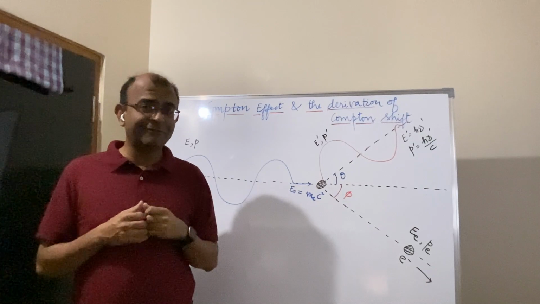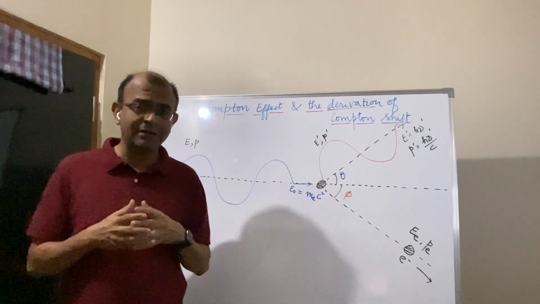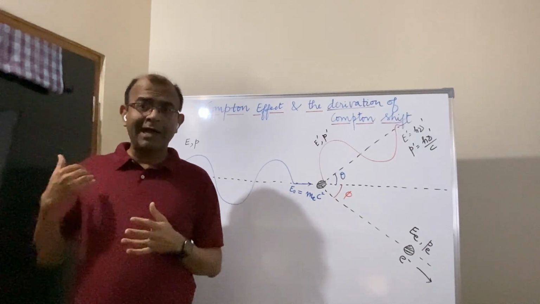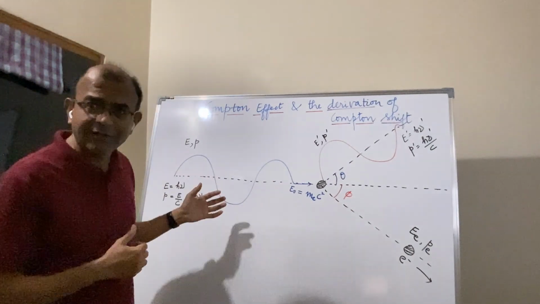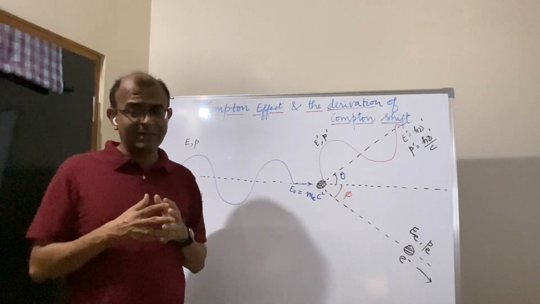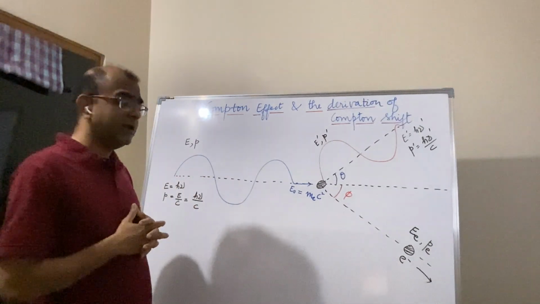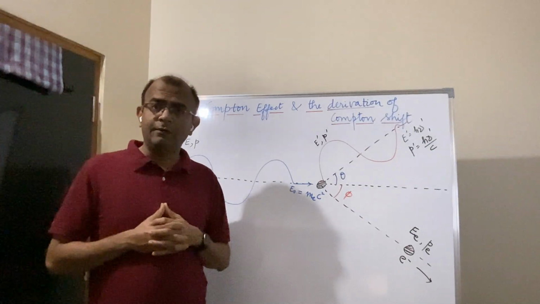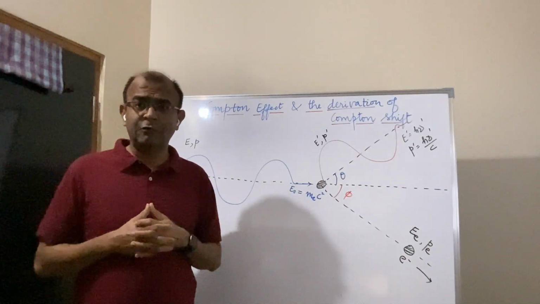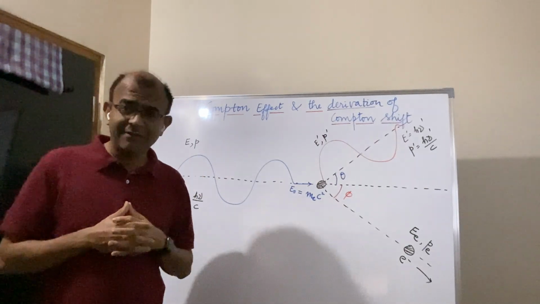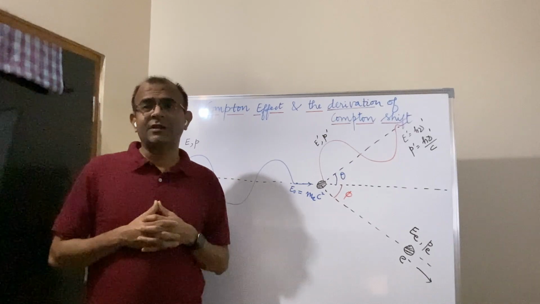Similarly, in the case of pair production or pair annihilation, the energies of the photons are slightly higher than those that are required for the Compton effect to occur. Typically, what we call nuclear gamma ray photons are required, and that would result in production of a positron and electron pair on interaction of the light photon with the electron in the atom.